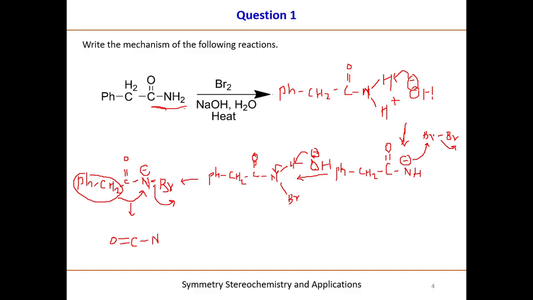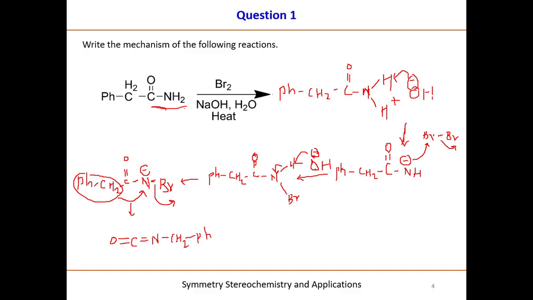Okay. So here we will get the product, CH2 phenyl group. Correct?